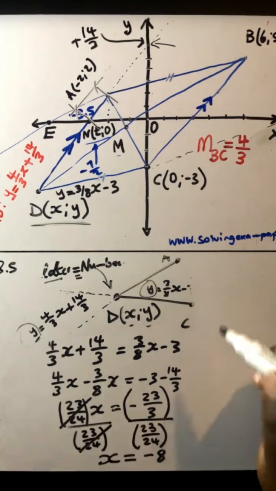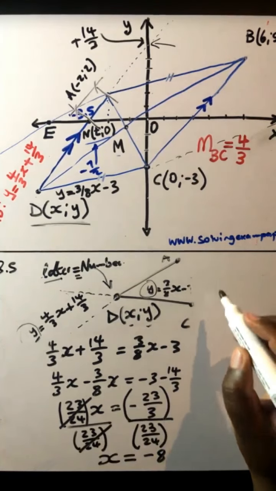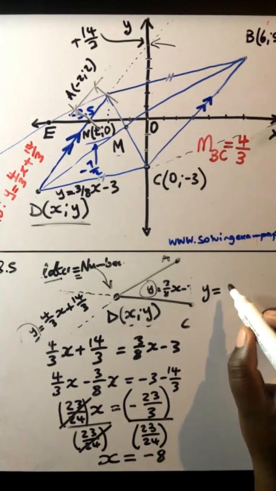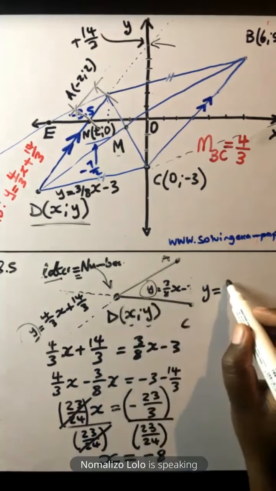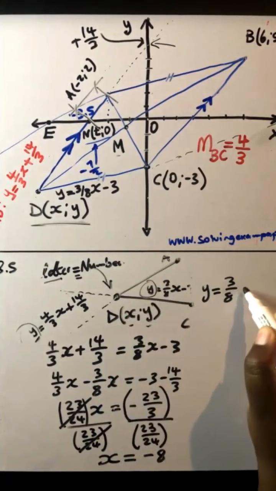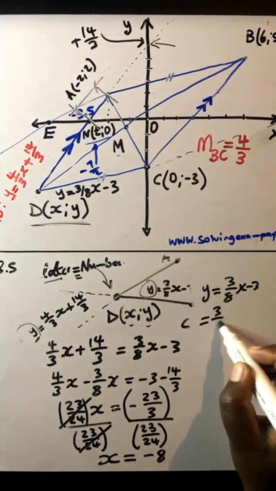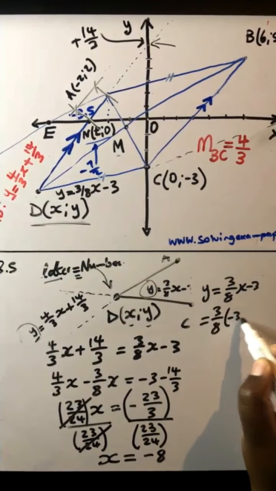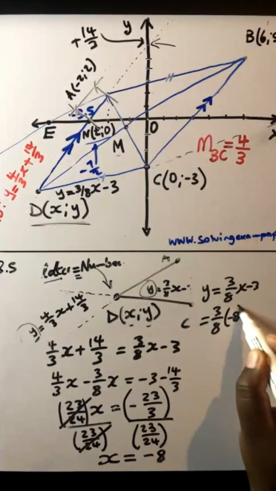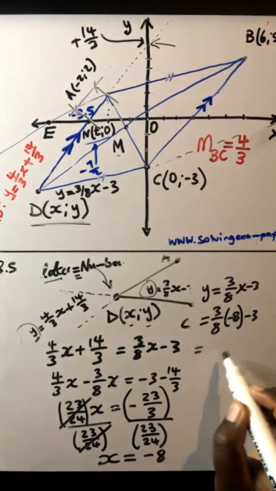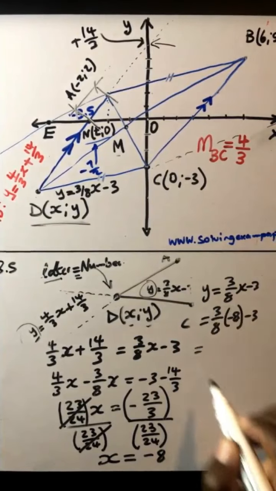So you won't struggle to get the y value because you can just substitute into any of these formulas. For example, I used 3 over 8x minus 3: you substitute your negative 8 there, close, minus 3, and punch all of this on a calculator.